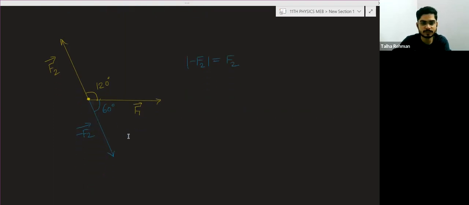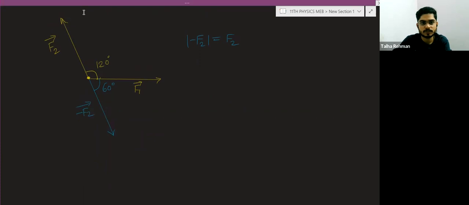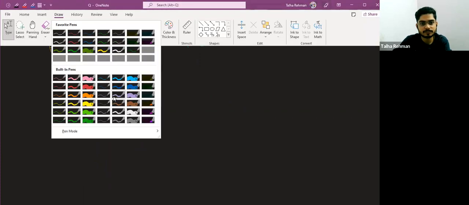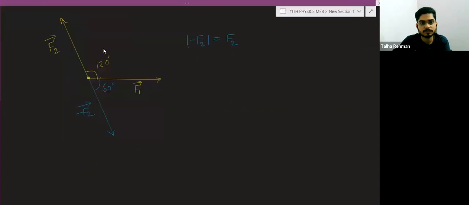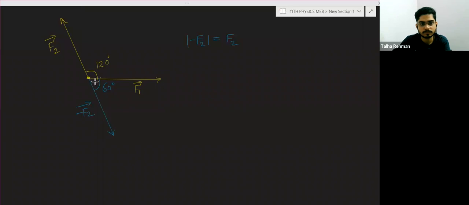So in this case, now you will calculate the resultant of the force. So the resultant will be like this.